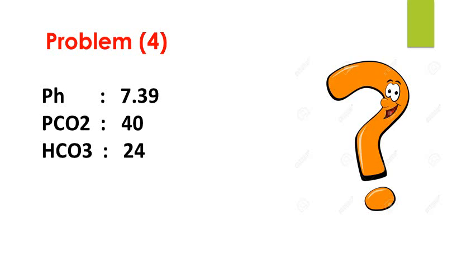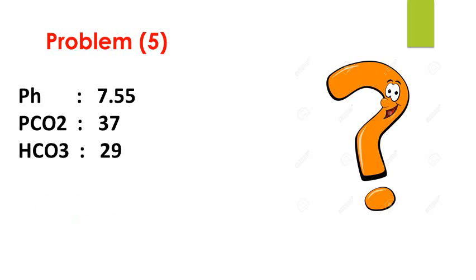So this problem is a normal ABG. Here pH 7.55 means alkalosis. PCO2 within normal and change occurs in bicarbonate. This means that there is metabolic alkalosis. Thank you.